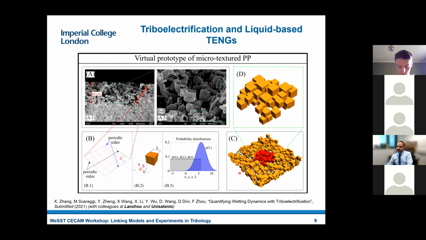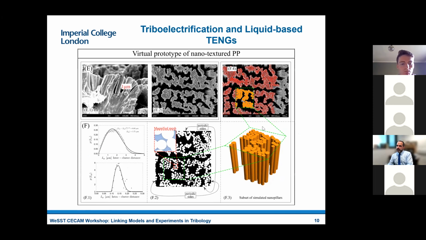And as you can see, the average size here is in the range of 5 to 10 microns. And the idea will be that you could just start by generating a volume that periodically reproduces this. At the same time, if you go down the scale, this is where the nanopillars that I was talking about before are. These nanopillars are literally stuck on top of these cubes if they are in the hierarchical structure.